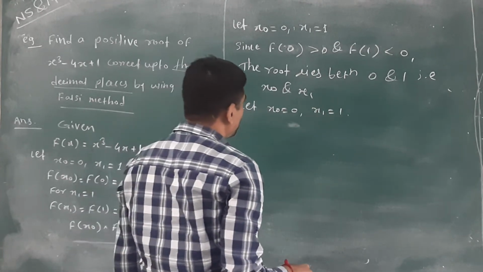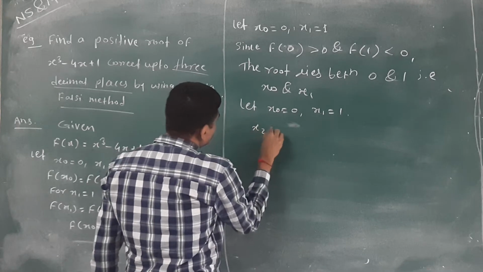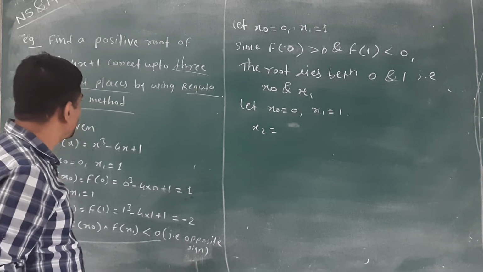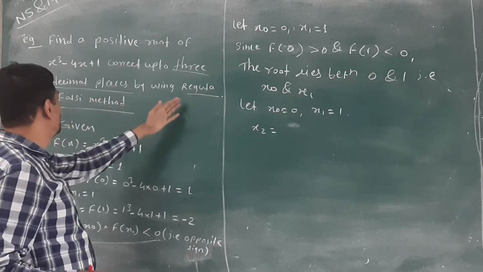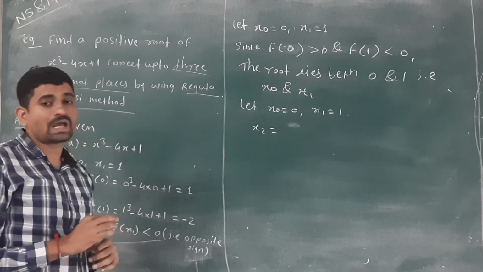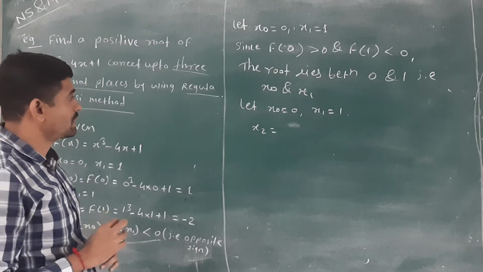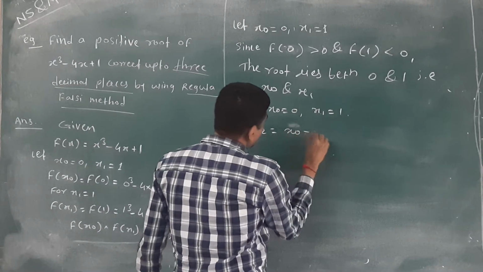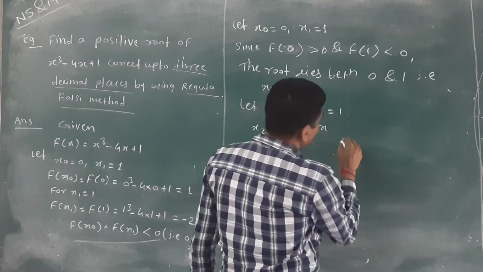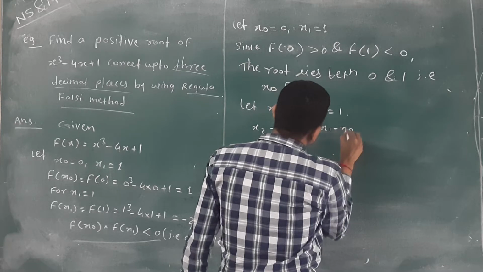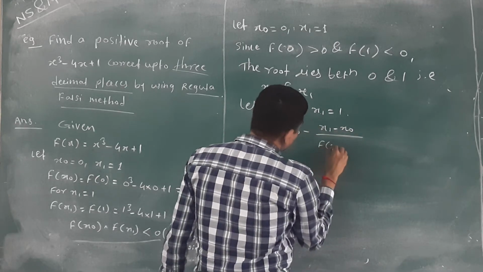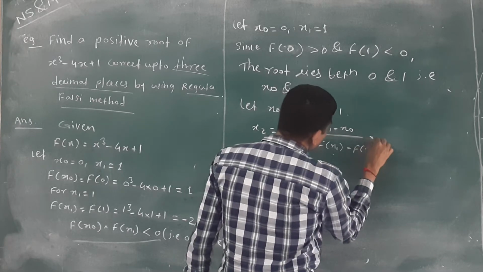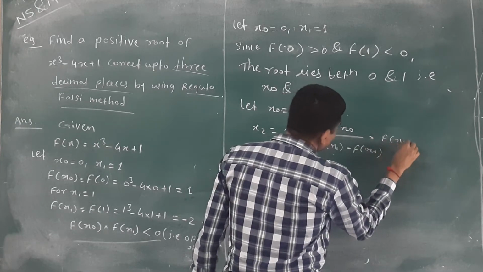Then you have to find the value of x2. You have to use the interpolation formula, or the regula falsi method formula we saw in the earlier lecture. x2 = x0 minus (x1 minus x0) divided by (f(x1) minus f(x0)) into f(x0).